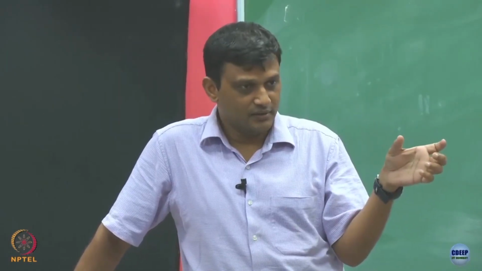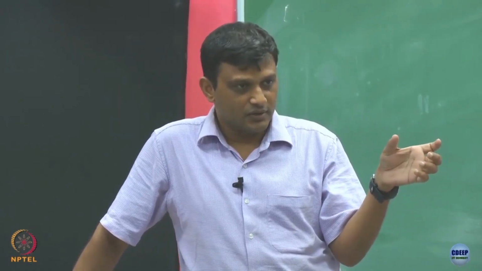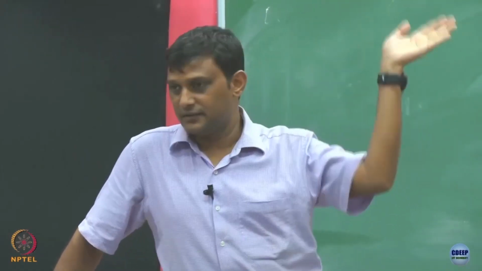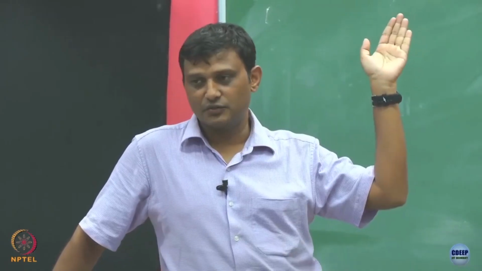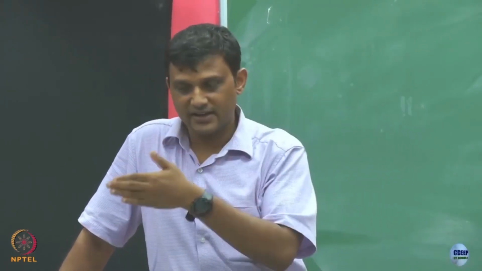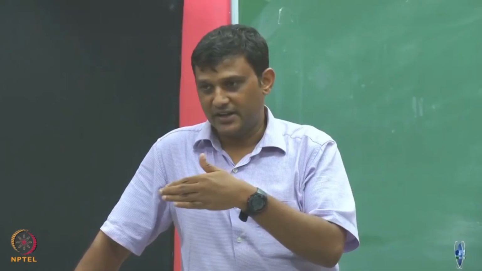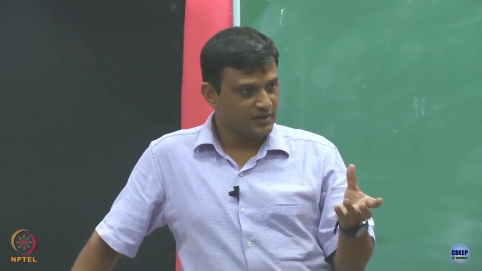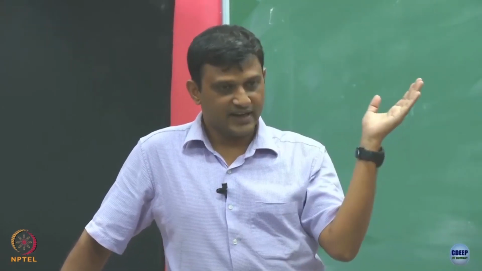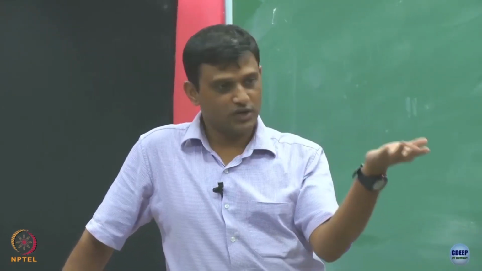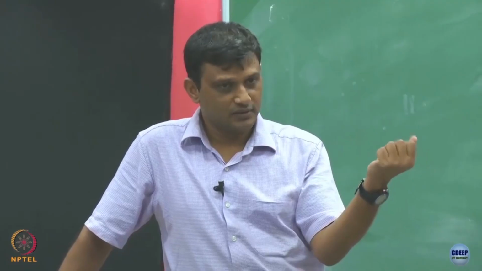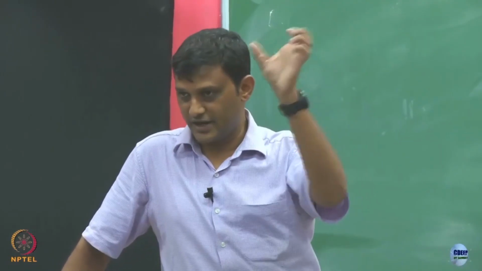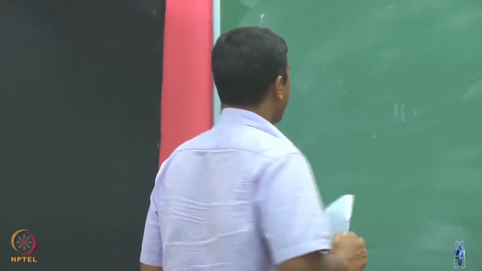Or do you think it is enough to characterize the distribution of x1 separately and x2 separately, and that will tell me how the joint one looks like? It is not necessary, right? The joint one need not be determined if I just know the individual ones. So we will make this more clear.